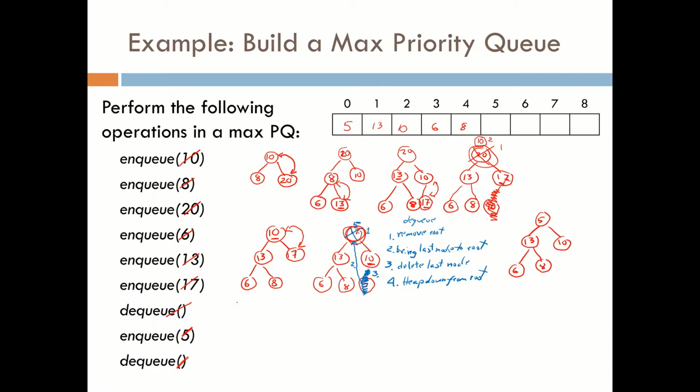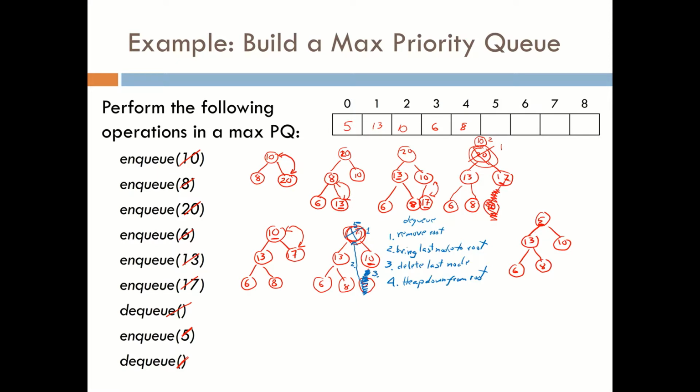So let's heap down the 5, and we're going to highlight the 5, showing that we're going to heap it down. We'll take a look at the 5's children and take the greater of the 2. If this was a min queue, we would take the lesser of the 2. Okay, so 13 is greater than or equal to 5, and 10 is greater than or equal to 5.